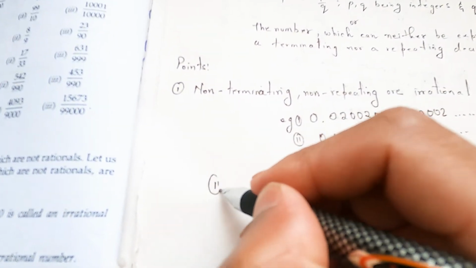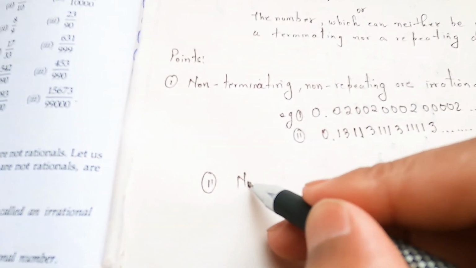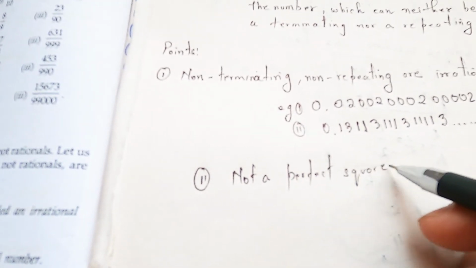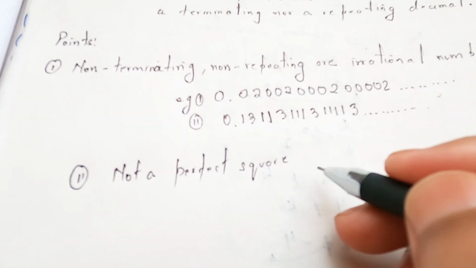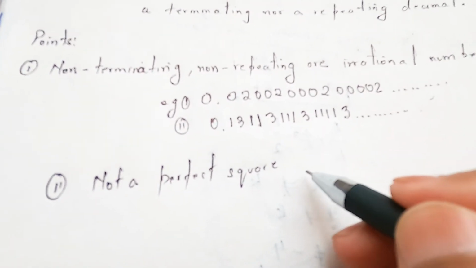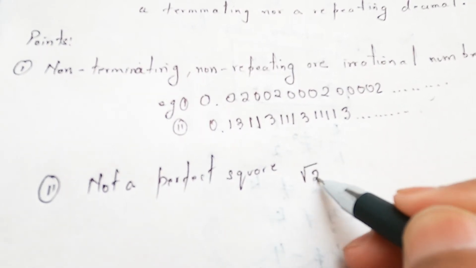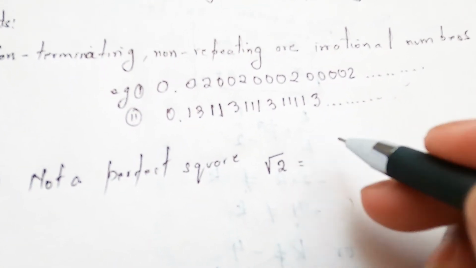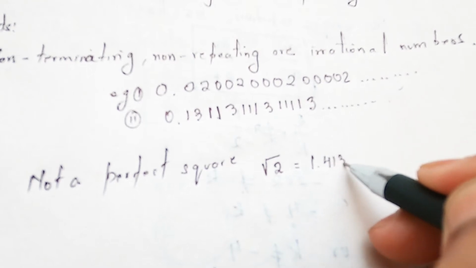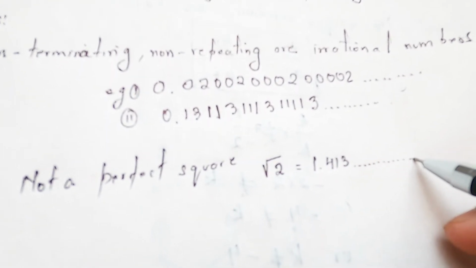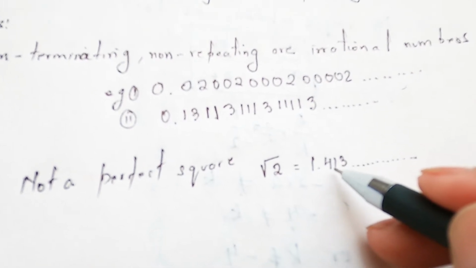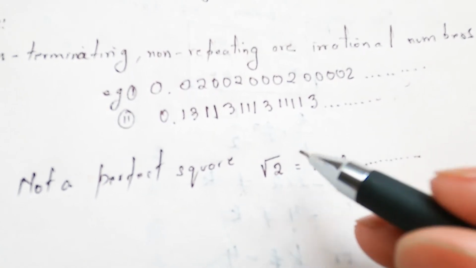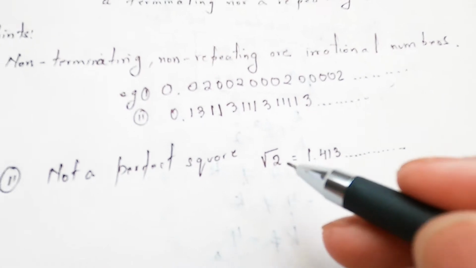Now condition number 2: not a perfect square. Irrational numbers which are not perfect squares, for example root 2. The value of root 2 will be 1.41, so on and so forth. In this case the number is non-repeating, non-terminating, so that's why root 2 is an irrational number.